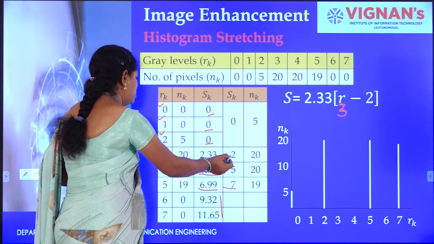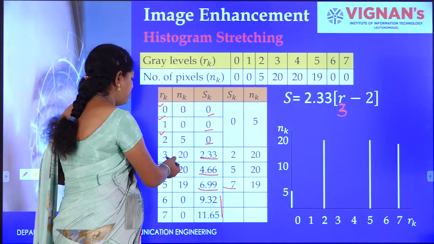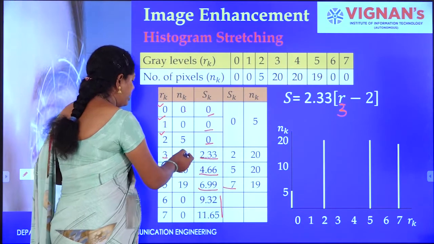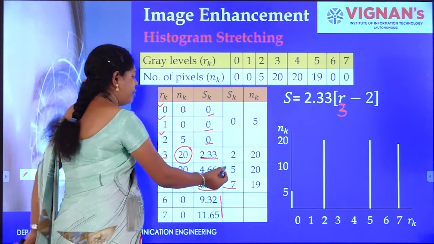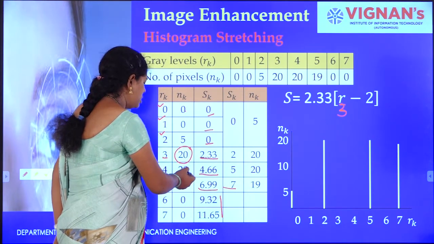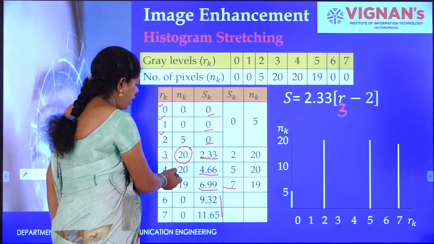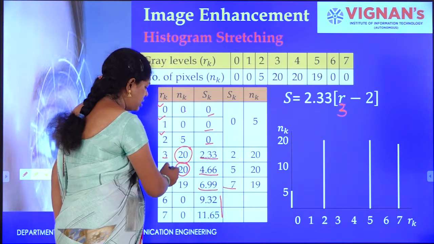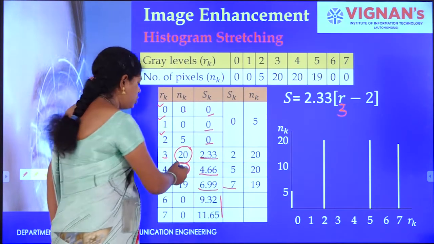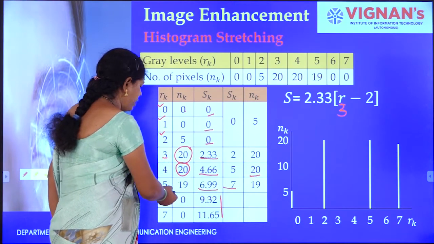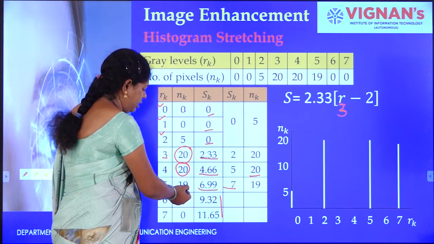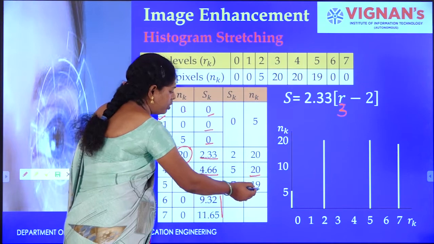Next, 2 corresponds to the pixel intensity value 3, and these are 20, so we are mapping to 20. Next, 5 corresponds to intensity value 4, and the number of pixels of 4 is 20, so mapping to 20. Next, the 7 is mapped to 5, and 5 is 19, so it is corresponding to 19.